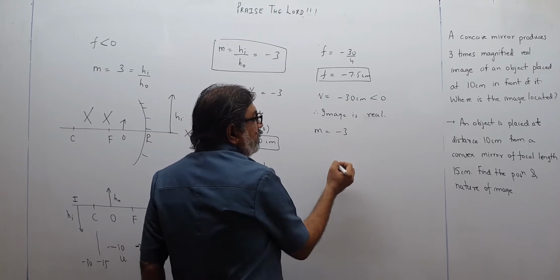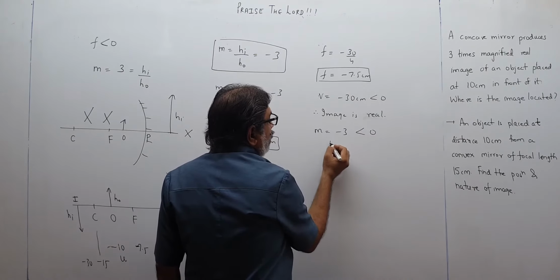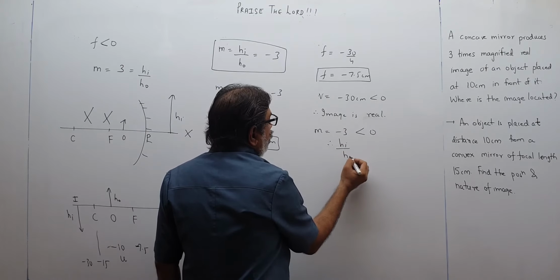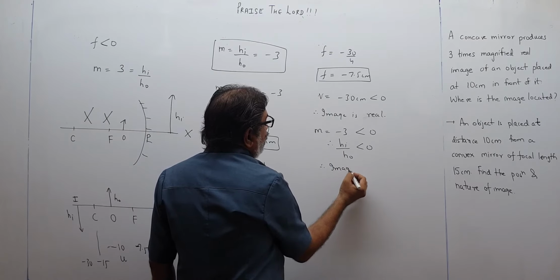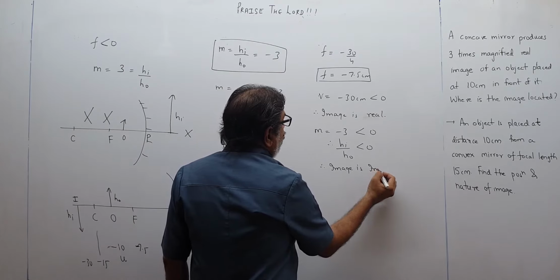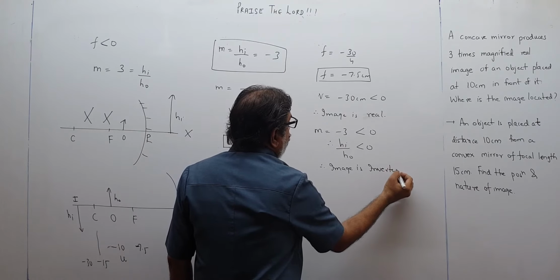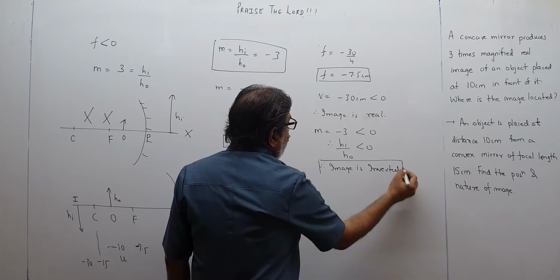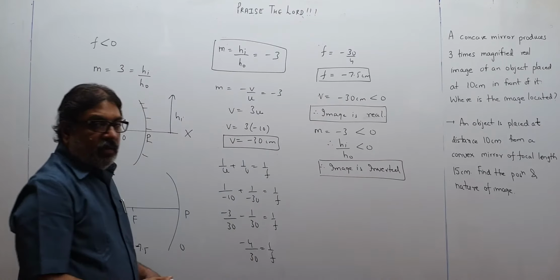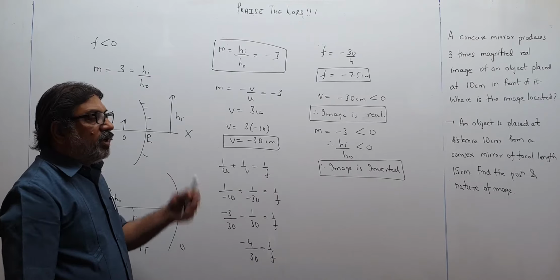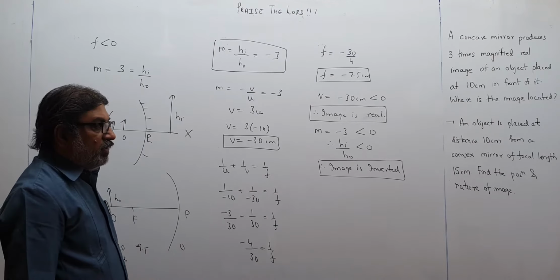Magnification equal to minus 3, which is less than 0. Therefore hi upon ho less than 0. Therefore image is inverted because hi will be less than 0. Image is inverted. Image is real. Of course it is enlarged because it is already told image is 3 times magnified. So we don't mention that.